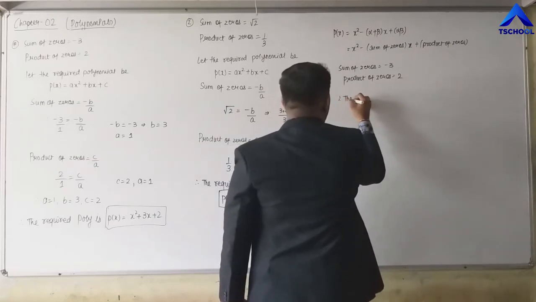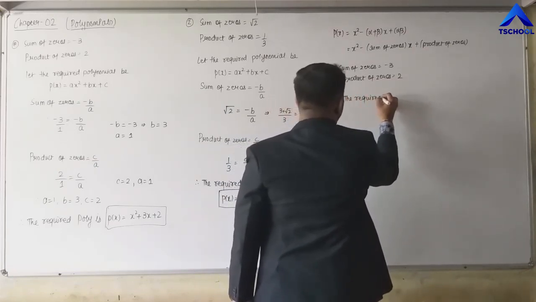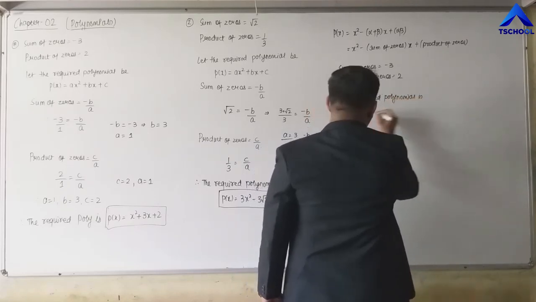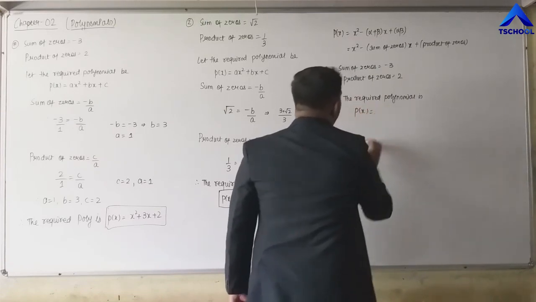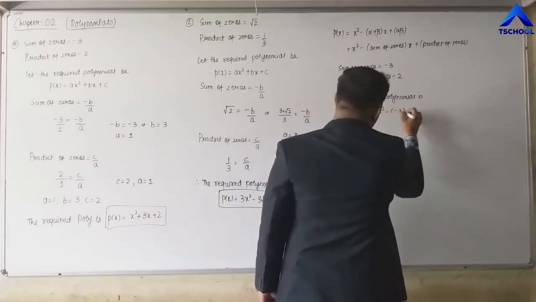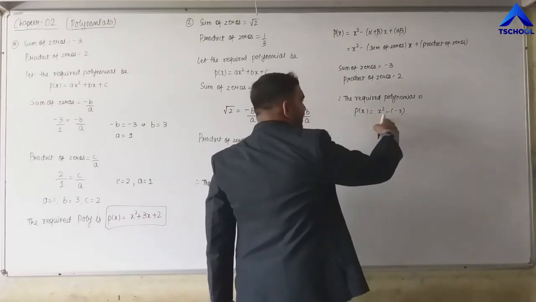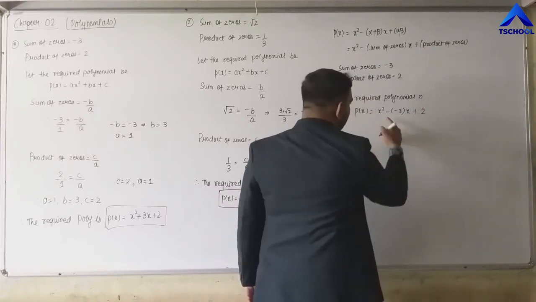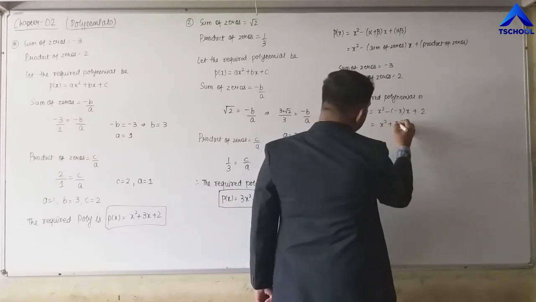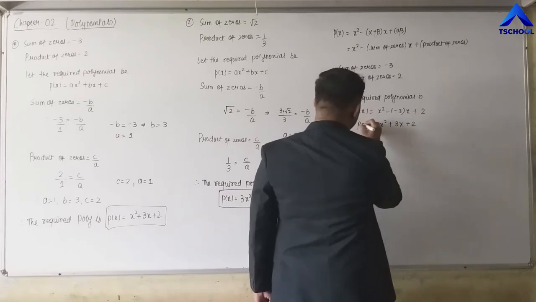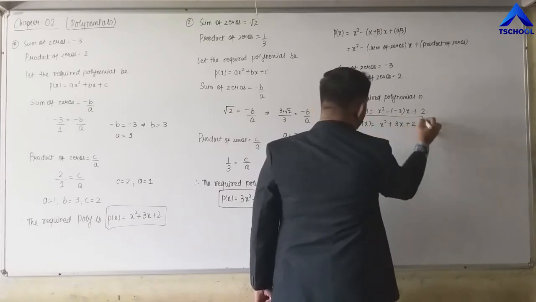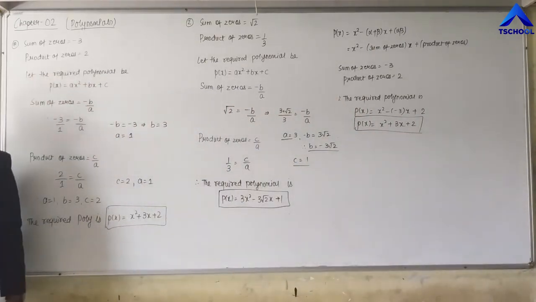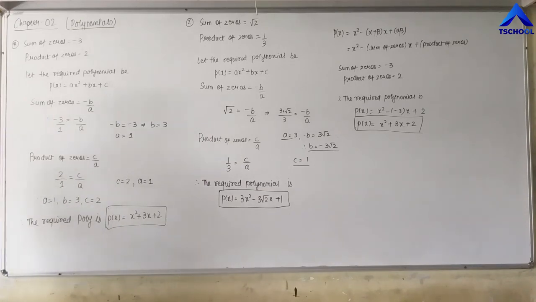Therefore, the required polynomial is p of x equals x square minus sum of the zeros, that is -3, into x plus product of zeros. So minus minus becomes plus: x square plus 3x plus 2, and that is our required polynomial. You can see that we got the same answer, x square plus 3x plus 2.